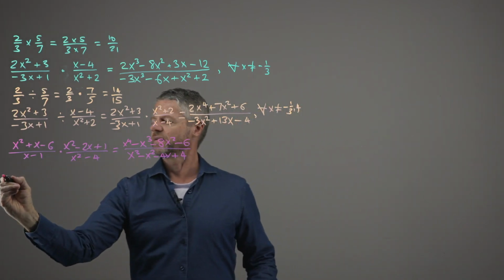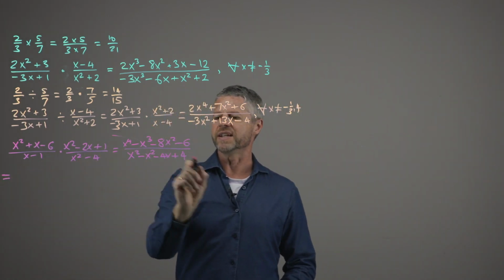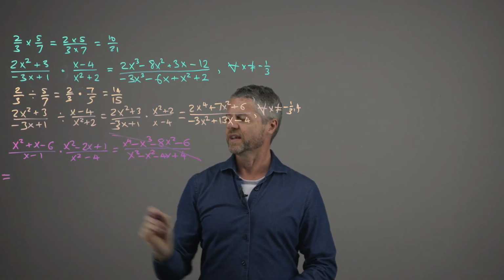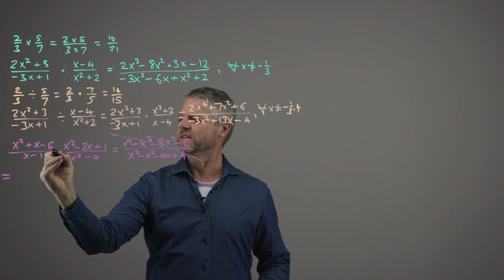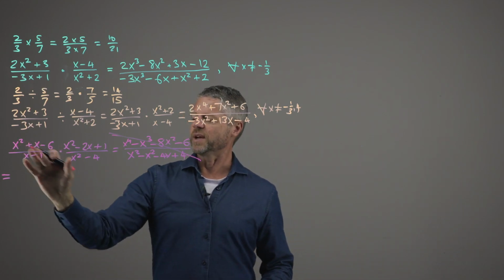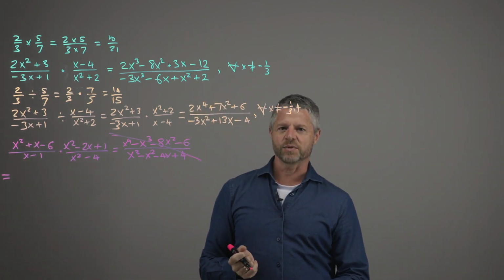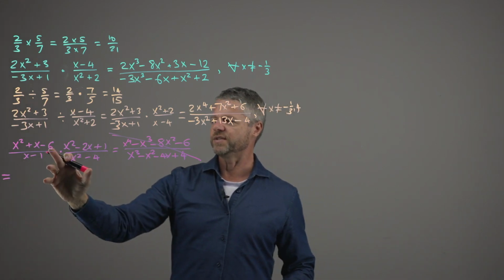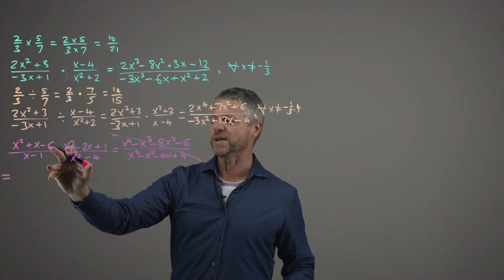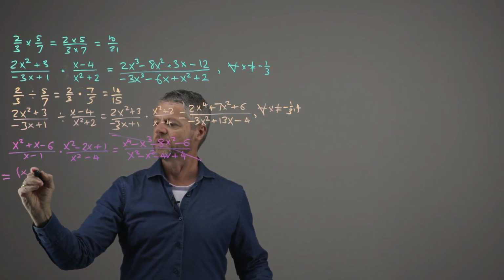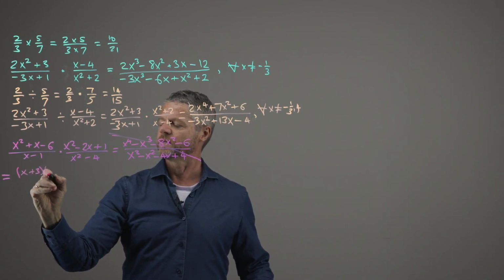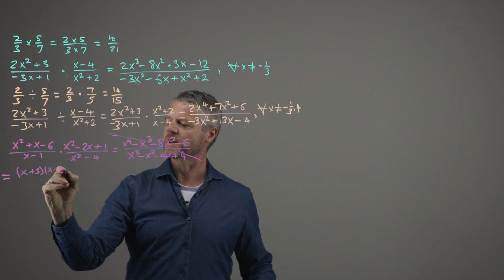So I'm going to kind of forget what I did here and start over. So let's see if we can factor x squared plus x minus 6. Can we factor that quadratic? We need two numbers that multiply to give us minus 6 and add to give us plus 1. So plus 3, minus 2 would work.